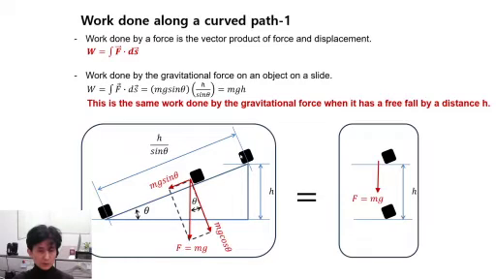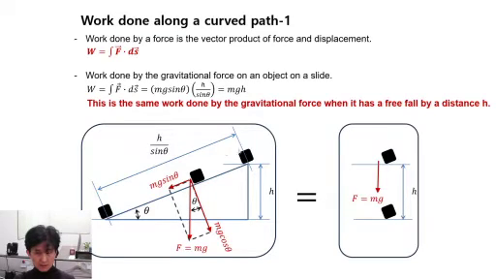So the work done by the gravitational force from one point to the other, whose height difference is h, is just mgh. That is the same as the work done by the gravitational force for a free-falling object. If this object is falling from one point to the other, whose height difference is h, then the work done by the gravitational force is just mgh.